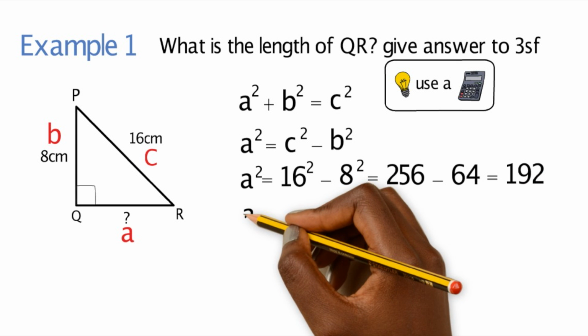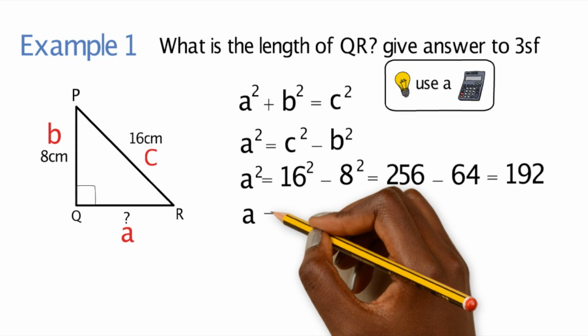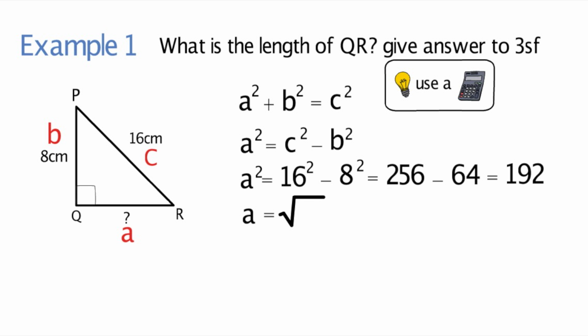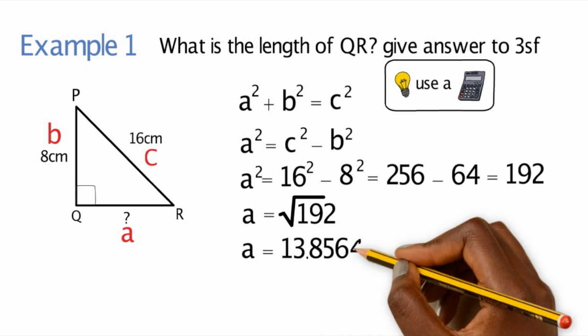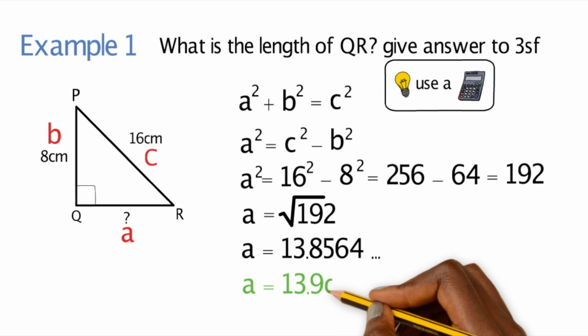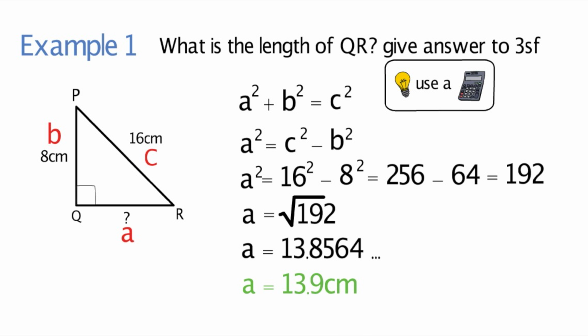This is all using your calculator. And then the last bit is, because A squared is 192, to work out what A is, you need to square root that. That gives you a long answer, but because it's to three significant figures, your answer would be 13.9 centimeters.